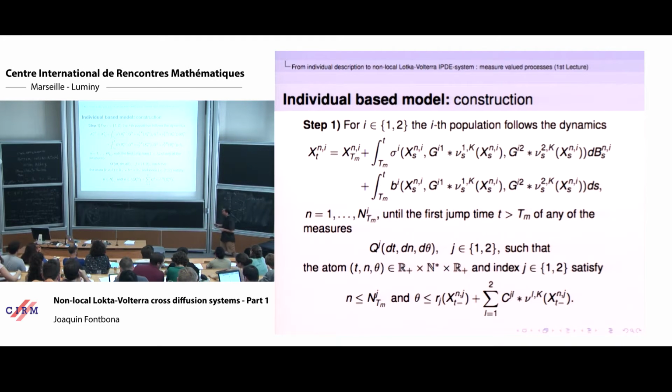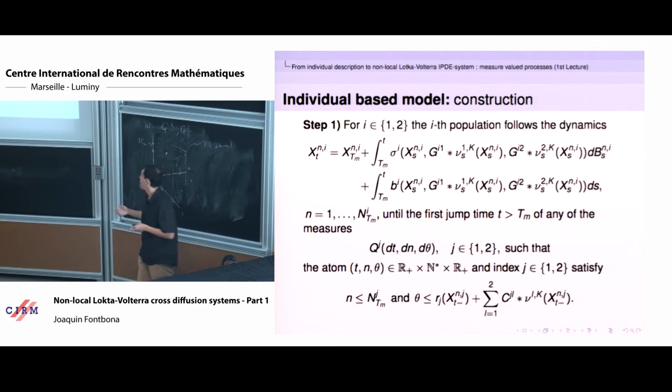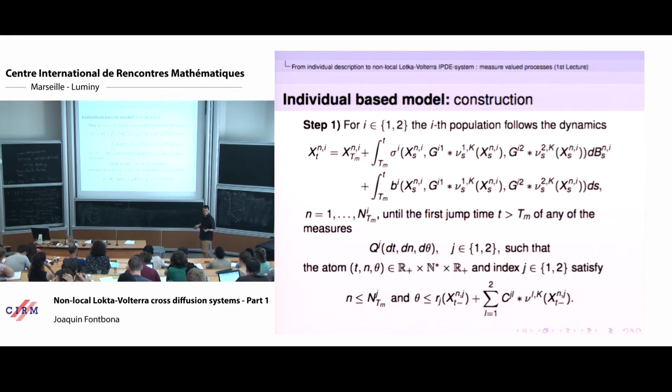So the idea will be that I take theta smaller or equal than the rate. So, okay, I have two measures, and I look at, so it could be just, let's say, Q1 or Q2, okay? So that means that one of the two populations has some demographic event. Okay, so this gives me an index J.